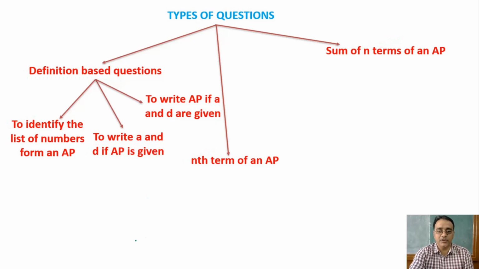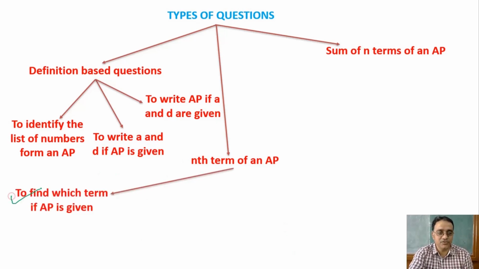Now nth term of an AP, first type of question is to find which term, if AP is given. For example, an AP is given, 10, 12, 14, 16, 18, and we need to find 100 is which term, like that one question will be there.